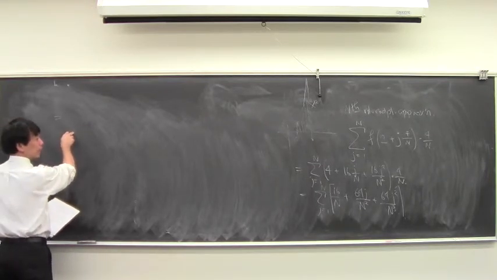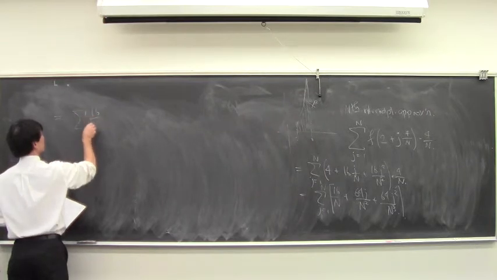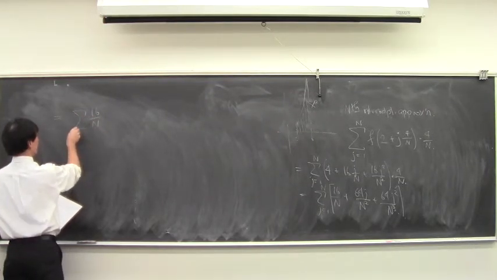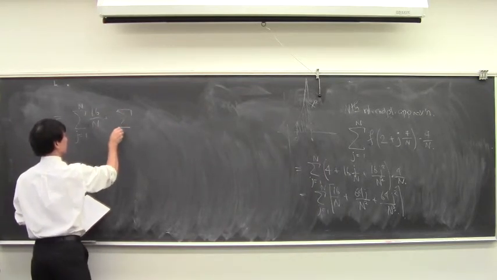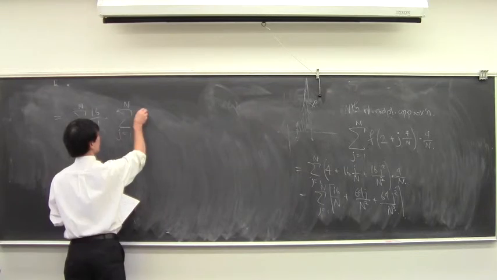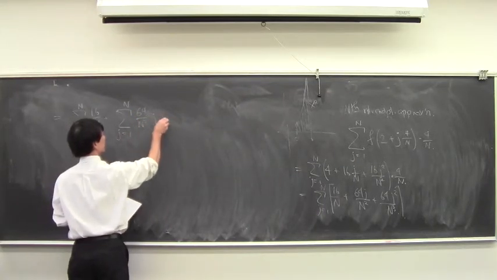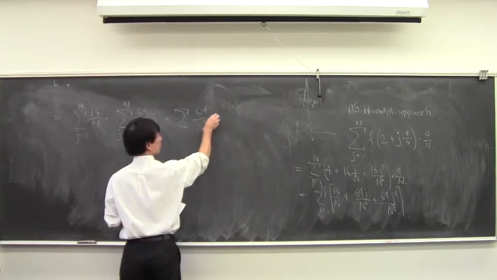Again, let me break this up into pieces. 16 over n, j from 1 to n, plus, I'm going to break it up into 3 separate sums, 64 over n squared times the sum of j, plus 64 over n cubed times the sum of j squared.